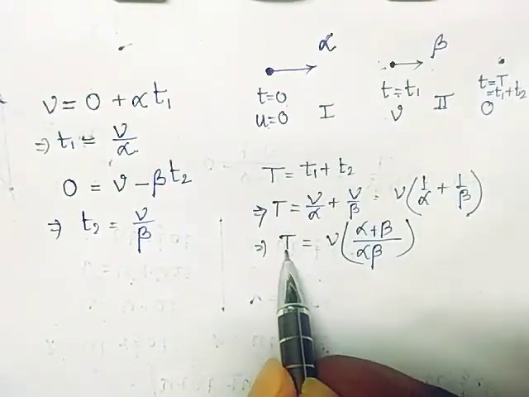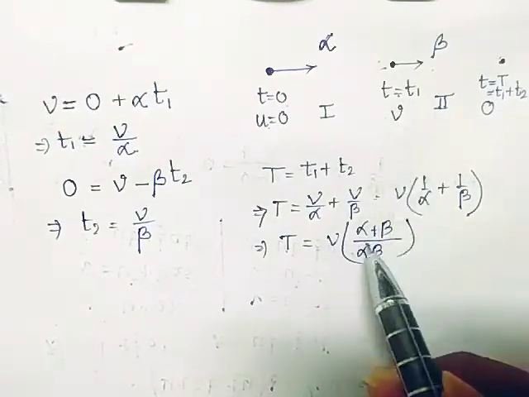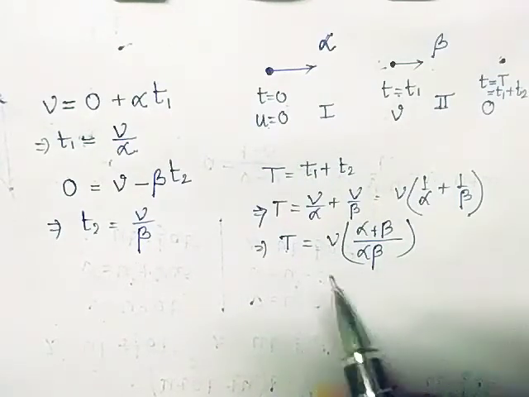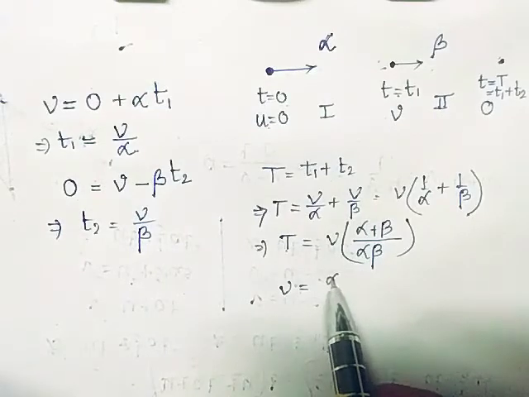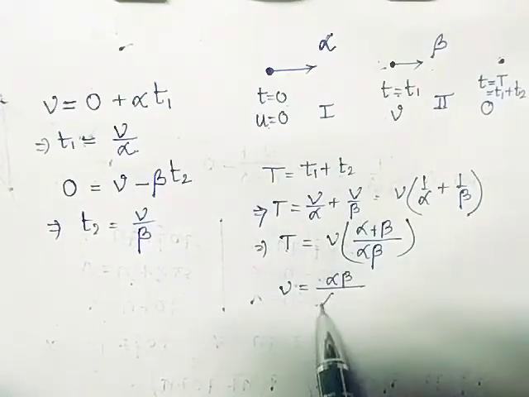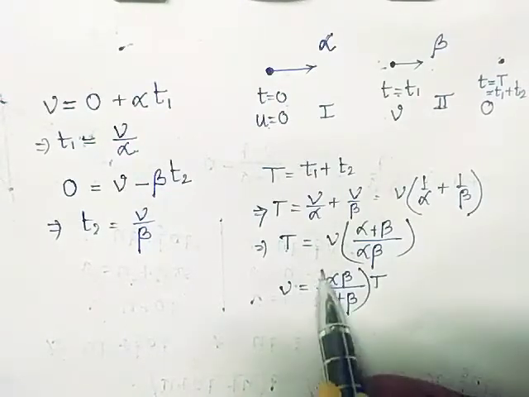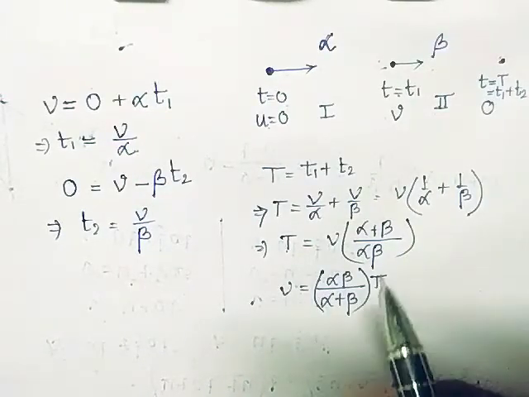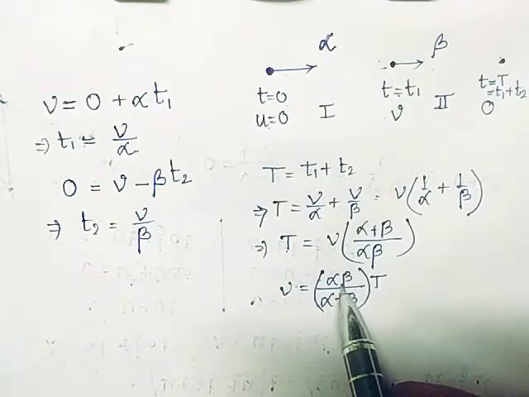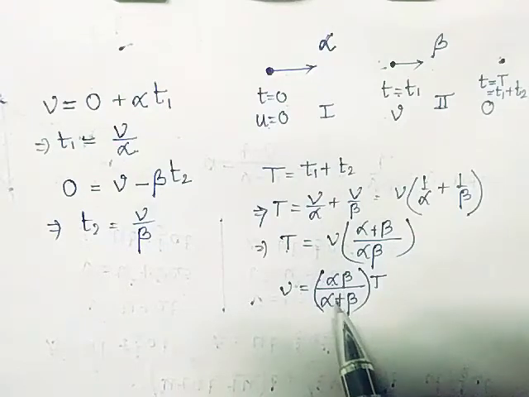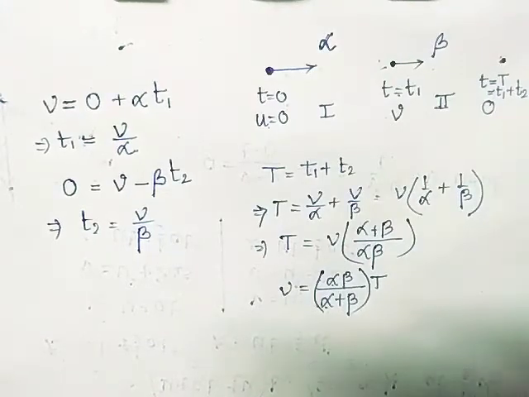So from it we can calculate the total time taken by it. If the total time and the accelerations are known to us, we can calculate the maximum velocity from it, and the formula of it is alpha into beta divided by alpha plus beta, into capital T. It is very easy to remember. The product of the accelerations, acceleration and retardation, and the sum of these two values numerically, not vectorially.